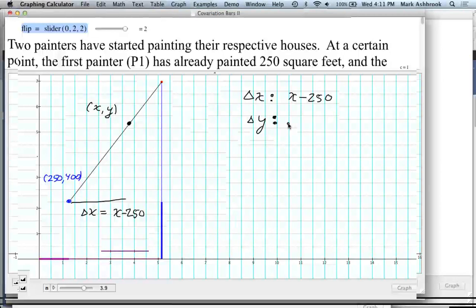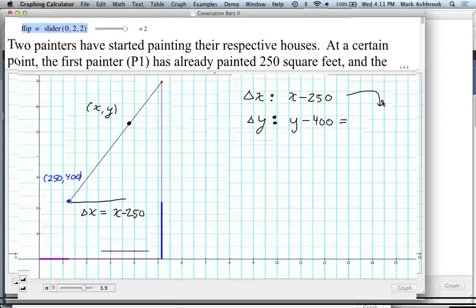So, Janae, what is the corresponding change in y? To me, it would be y minus 400. Y minus 400. Okay, that would be one way to express it. Can we express it in terms, that's true, y minus 400. Can we express it in terms of delta x? So how can we express it in terms of delta x, Kathy?